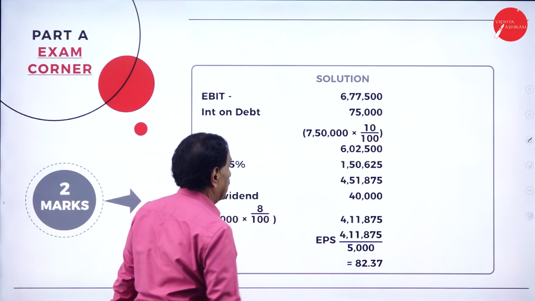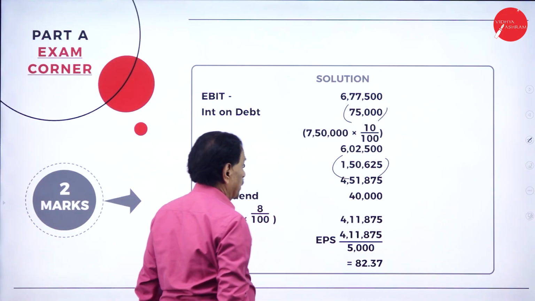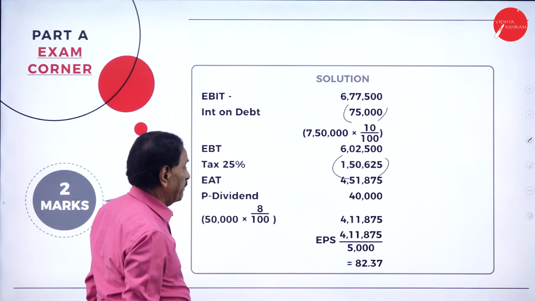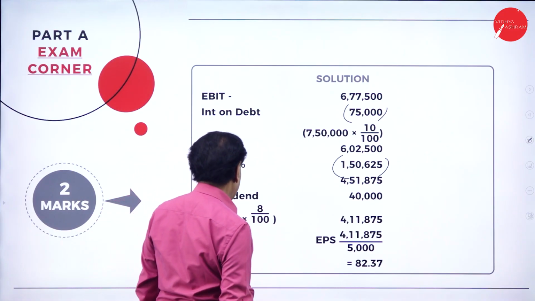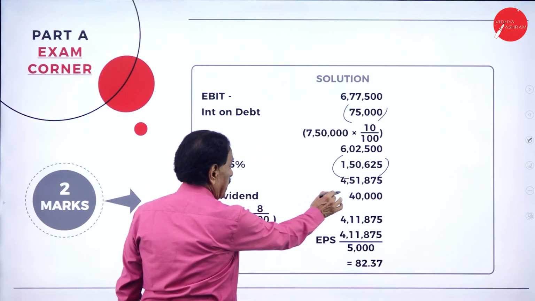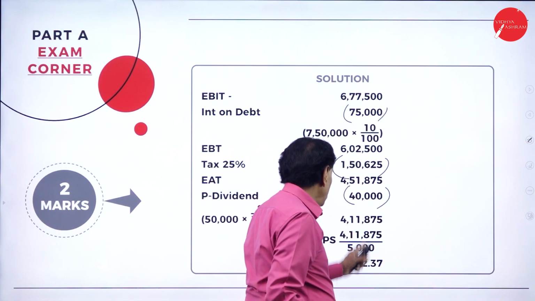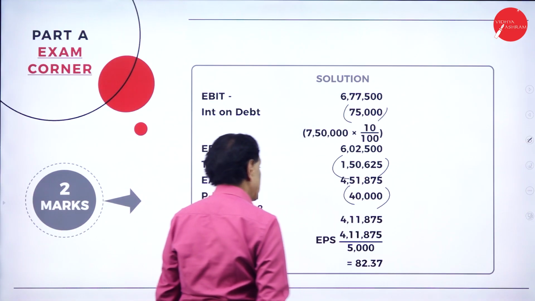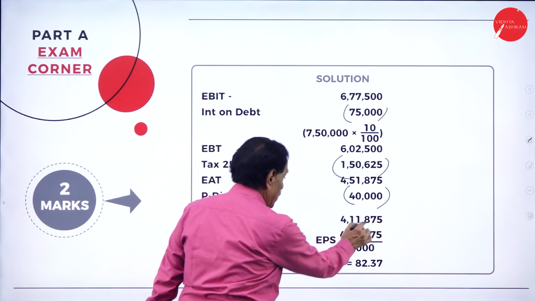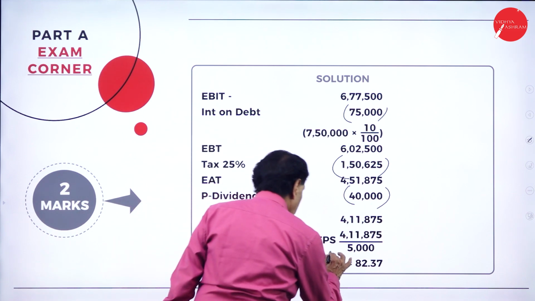Tax at 25% is 1,50,625. Earning after taxation 4,51,875 minus preference dividend, 5 lakh into 8 by 100, is 40,000. If we deduct, it comes to 4,11,875. Earning per share is 4,11,875 divided by 5,000, which is 82.37.